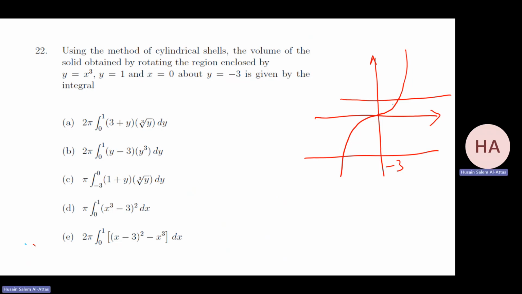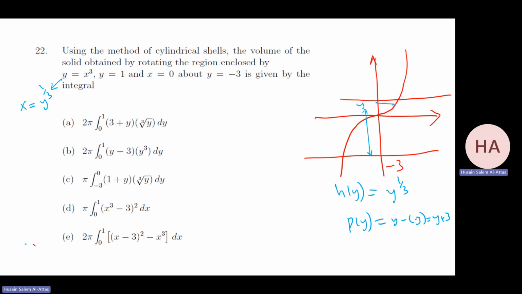Okay. So I want my line to be parallel to this. So this is my model. Oh, so I need the things in terms of y. So I need to change this. That will be x equals y to the power 1 over 3. So h of y will be y to the power 1 over 3, the length of this. For the radius, this is y, and I want this distance, which is y minus minus 3, which is y plus 3.